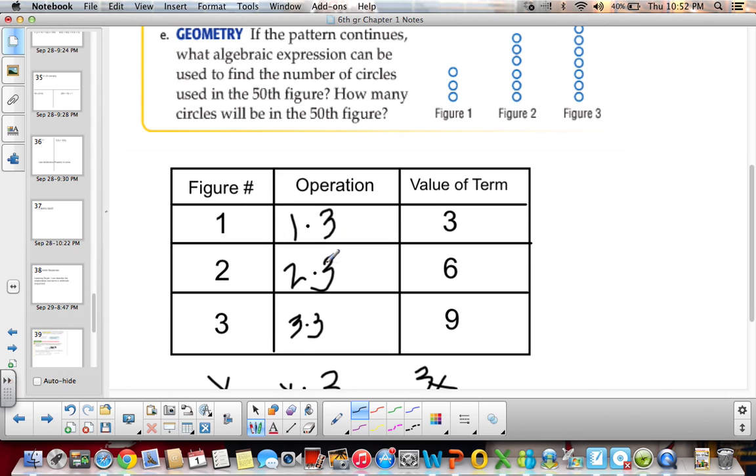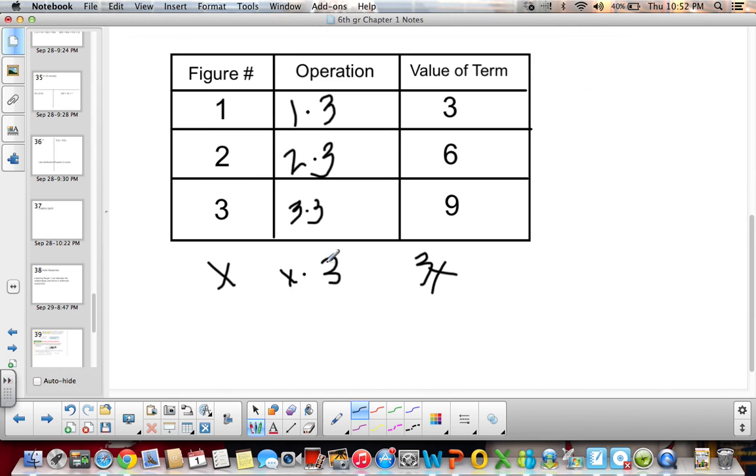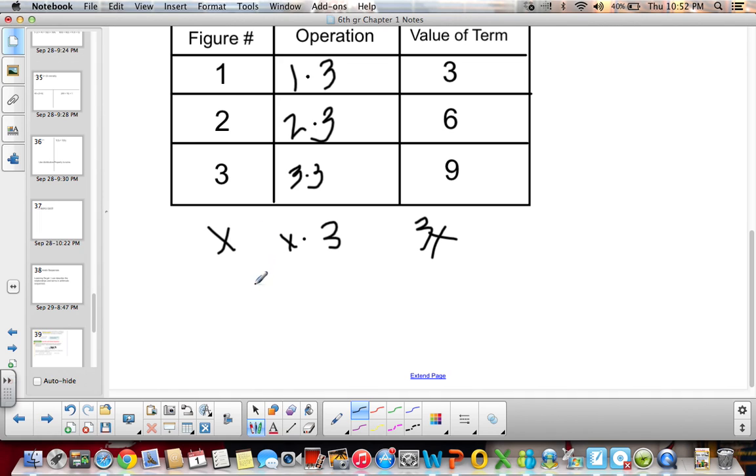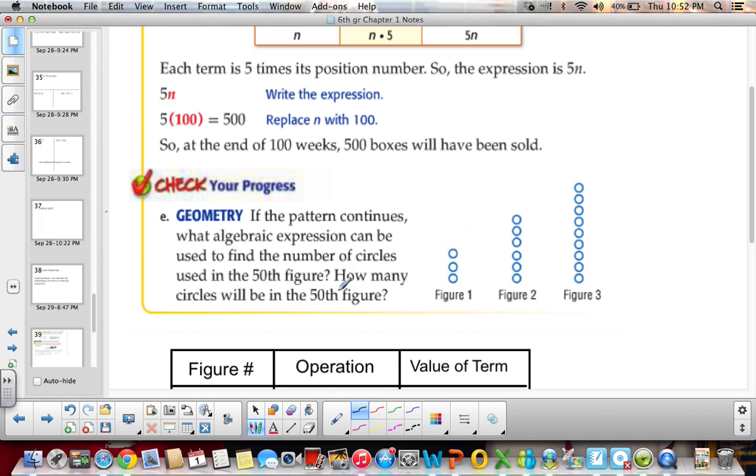Okay, so how many circles will be in the 50th figure? So for any figure x, if x is 50, our equation is 3x, so we would take 3 times 50, and then we know that it would be 150 circles in the figure.